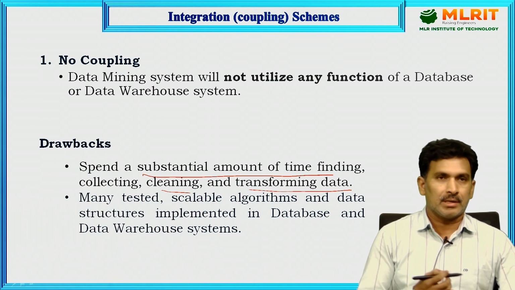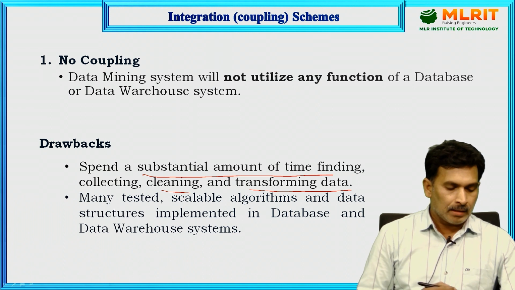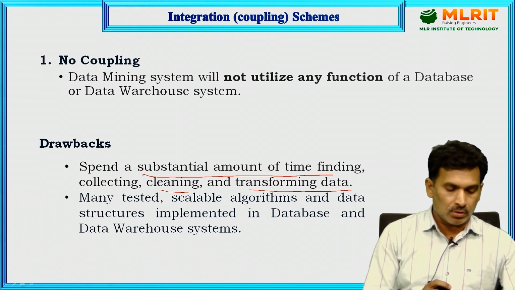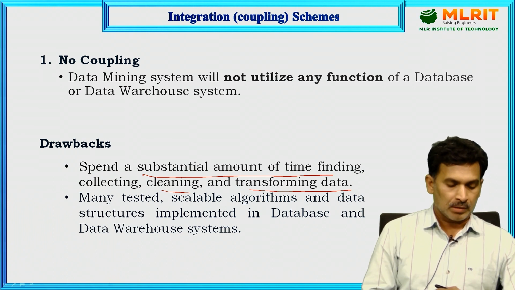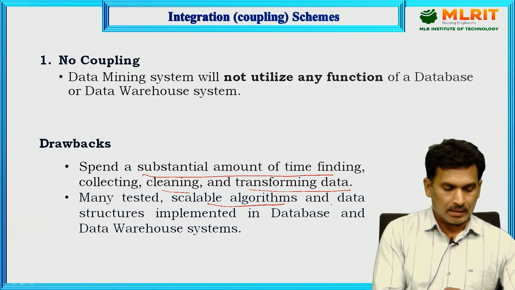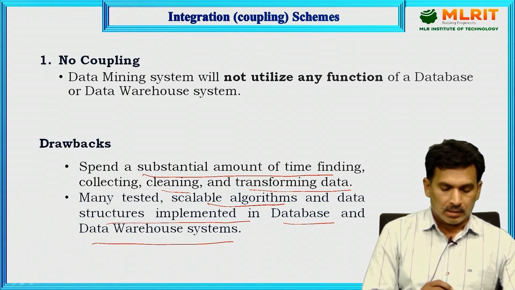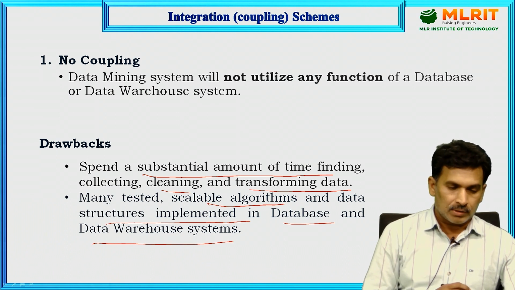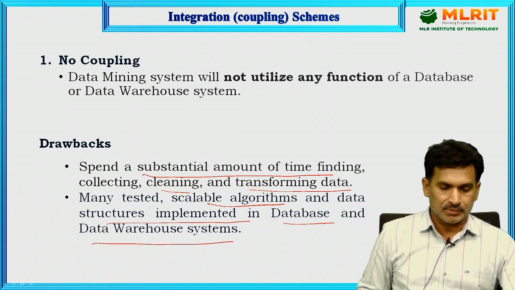Another drawback is that database and data warehouse systems have many tested, scalable algorithms and data structures implemented, which cannot be used for the data mining. That is another drawback with this no coupling system.